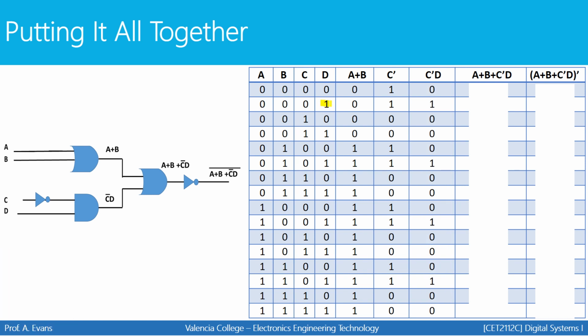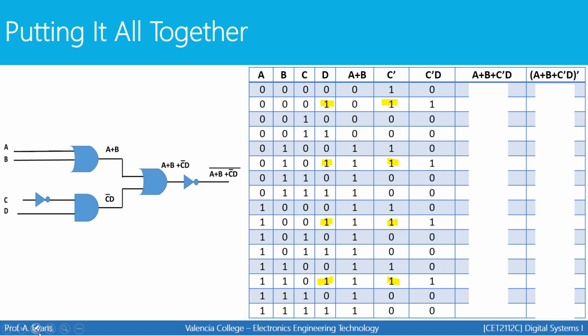So we can see that not C and D are 1 here. They're both 1 here. They're both 1 here. They're both 1 here. At any other time, at least one of those is 0. Since it's an AND gate, we know the output can only be high when both inputs are high. So we have 4 cases where both inputs are high.